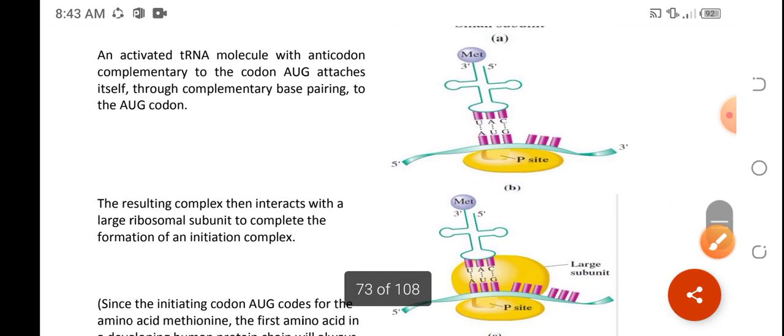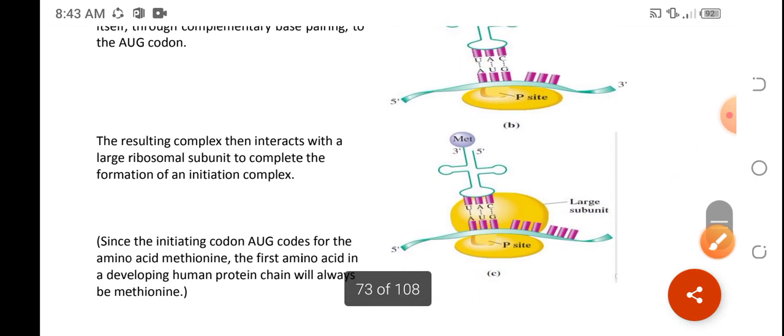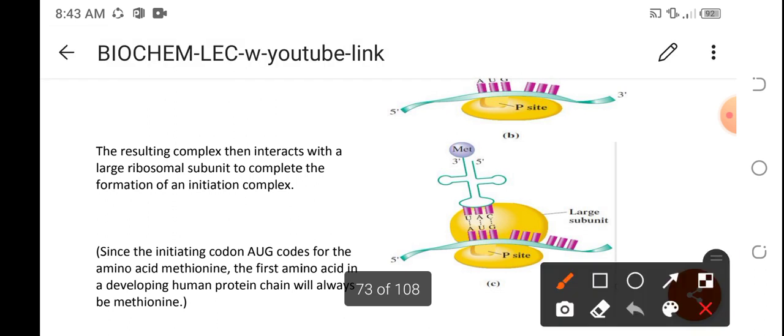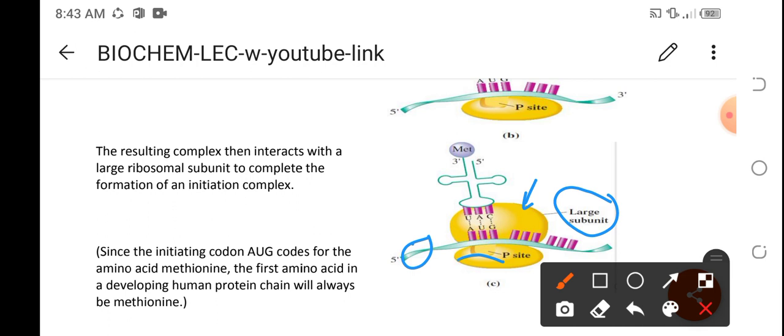So after that, it will interact at the P site. So this is the large subunit. Earlier we said there is an interaction between the mRNA and the small subunit.